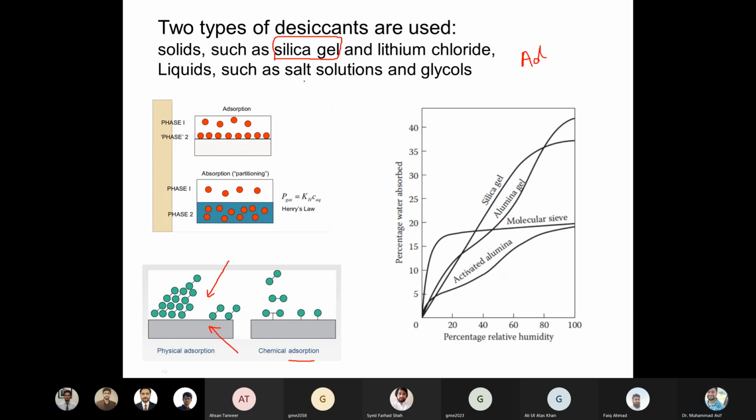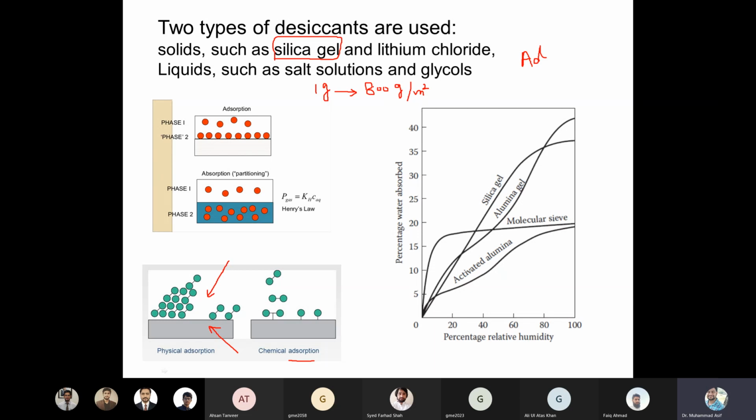If you take just 1 gram of silica gel, it has a surface area of 800 square meters. So that means it has a very huge adsorption capacity.